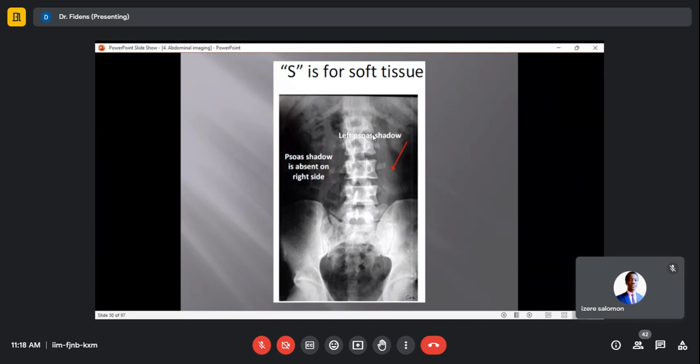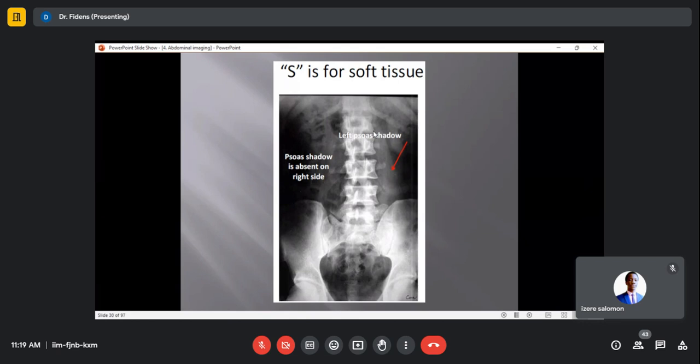Okay? So they want to show here the shadow of the major psoas muscle, like on the left side. Remember, we should see them. When you miss something you are supposed to see as you are interpreting the plain abdominal X-ray, always remember to search for the reason.